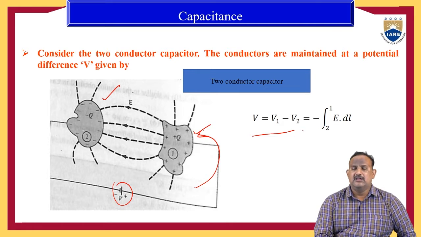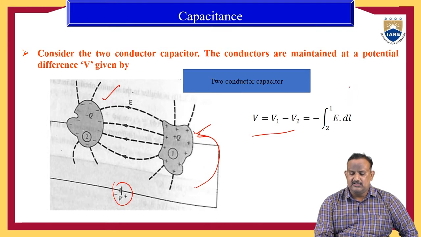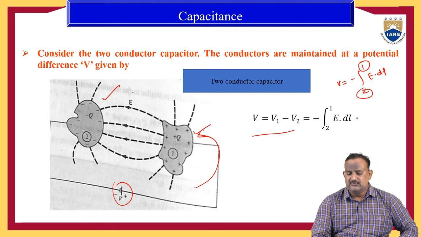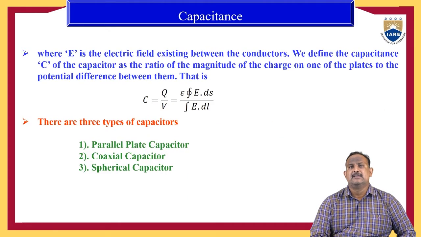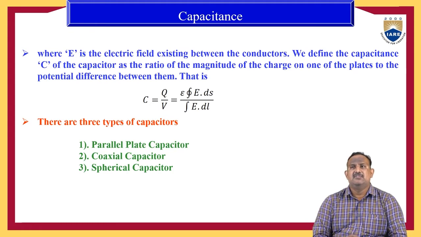According to the potential formula, V is equal to minus the integral from 2 to 1 of E into dl, where 2 is the second conductor, 1 is the first conductor, and E is the electric field existing between the conductors. By using this formula, we can find the voltage difference between the two conductors.